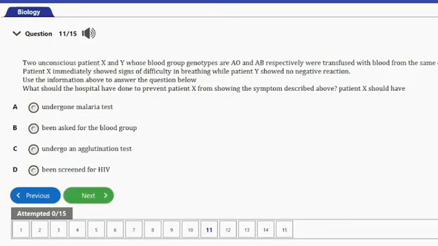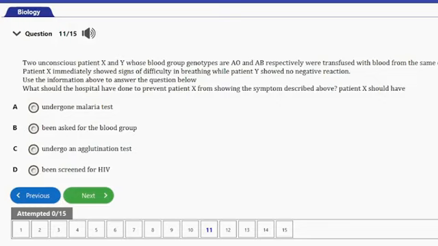So these tests help to determine the blood group by mixing blood with antibodies that cause the blood cells to clump together. So if the antibodies are specific for the individual's blood type, this will actually occur. If that's not the case, then the blood will not clump.